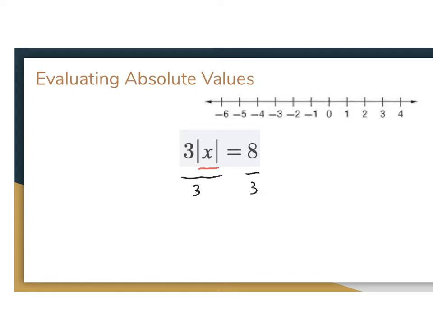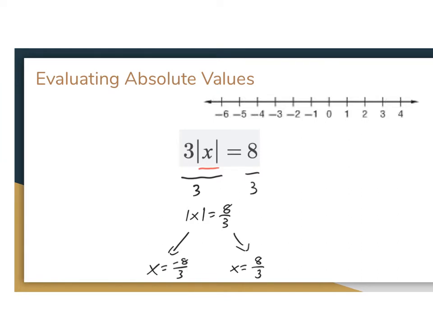Now I come up with the absolute value of x is equal to 8/3. Now I'm not finished because the x is in the absolute value. We need to split it into positive and negative. So we have x is equal to -8/3 and x is equal to positive 8/3.